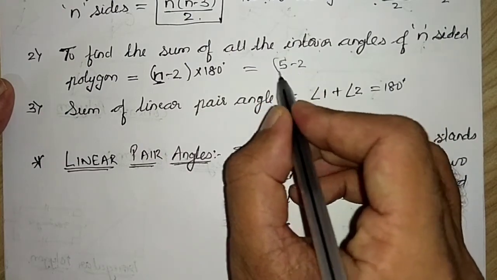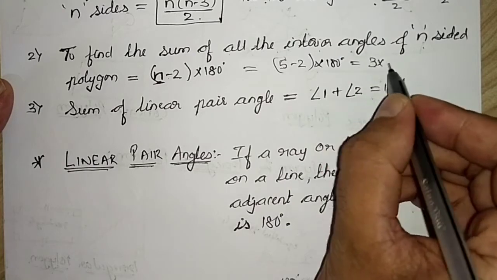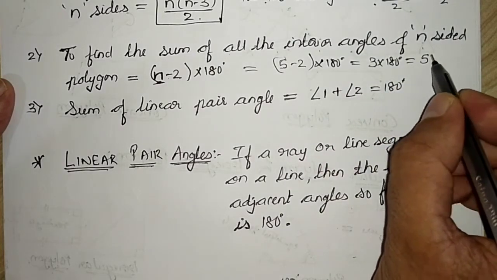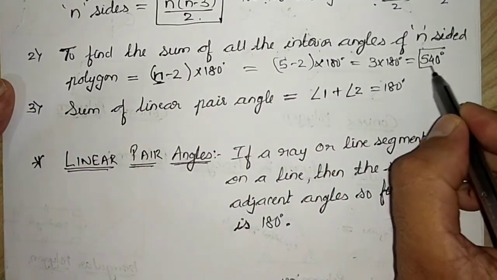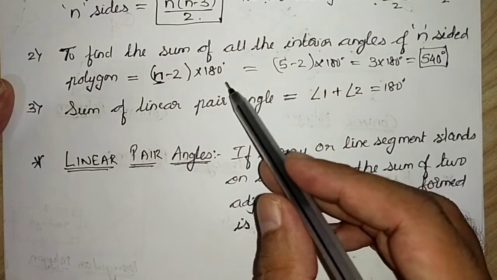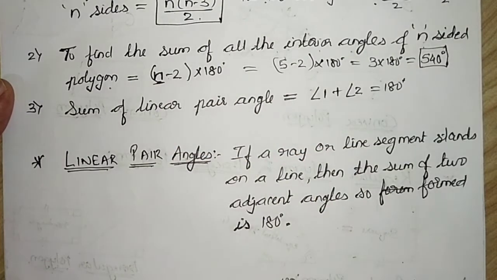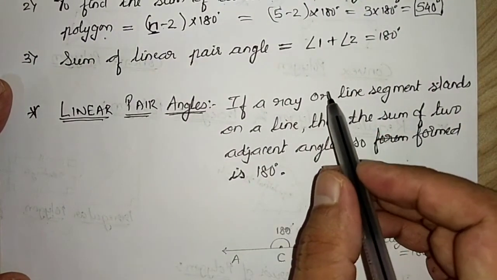So 5 minus 2 into 180 degree is equal to 3 into 180 degree. So the sum of all the interior angles will be 540 degree. Of what polygon? Pentagon.